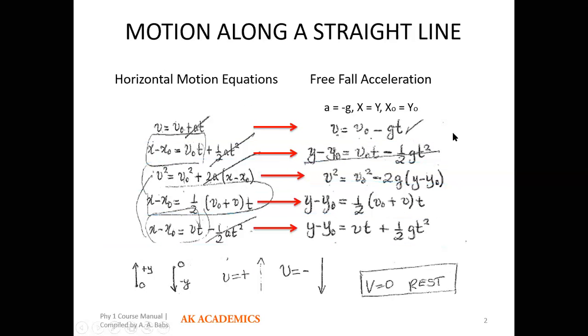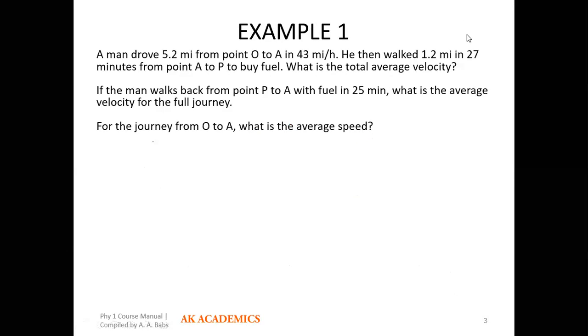All right, so having discussed these, we can then go ahead and solve some problems. Here is the first example that we will deal with. A man drove 5.2 miles from point O to point A at 43 miles per hour. He then walked 1.2 miles in 27 minutes from point A to P to buy fuel. What is the total average velocity?